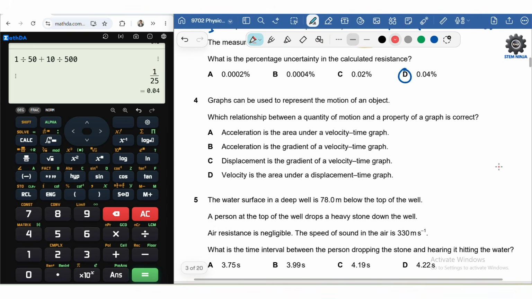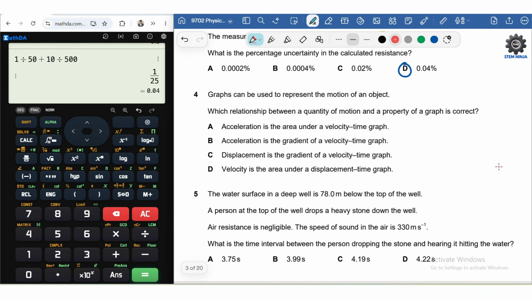Graphs can be used to represent the motion of an object. Which relationship between the quantity of a motion and a property of a graph is correct? When you have an s-t graph, displacement-time, your gradient is your velocity. When you have a v-t graph, your gradient is your acceleration, and the area under the graph gives you net displacement.